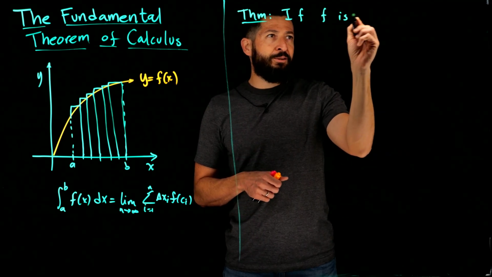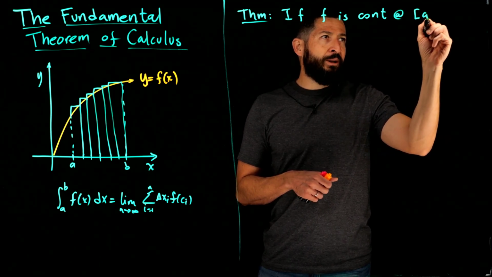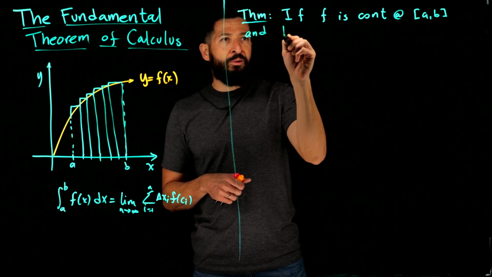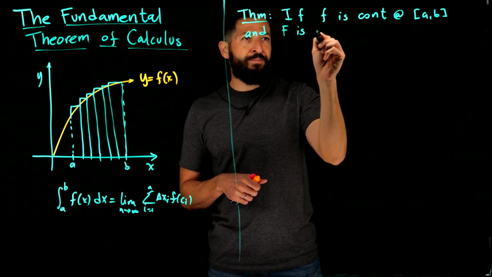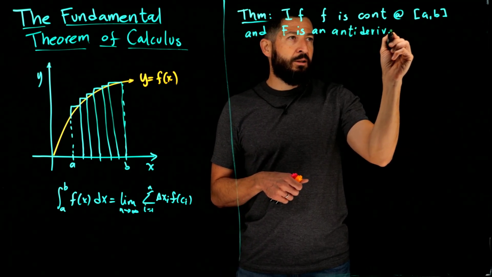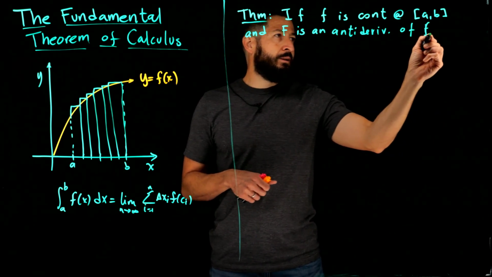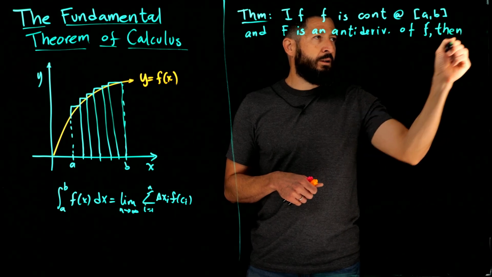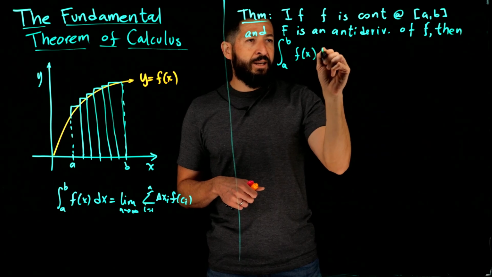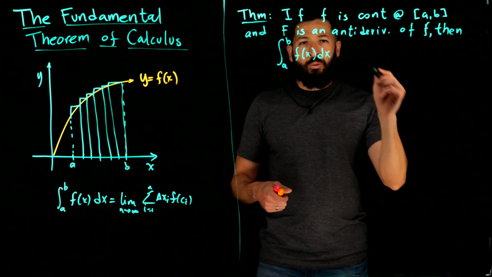So the theorem basically tells you that if f is continuous on the interval a to b, and capital F is an antiderivative of f, then the integral from a to b of f of x dx, instead of being the limit, it's still the limit, but you don't have to compute it.